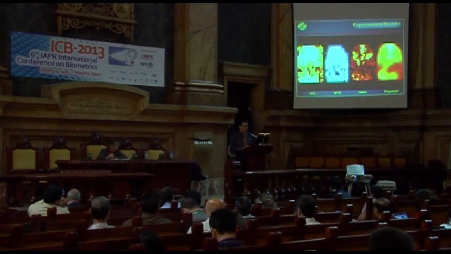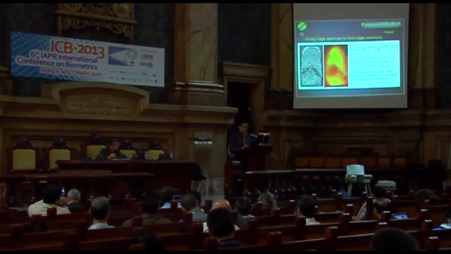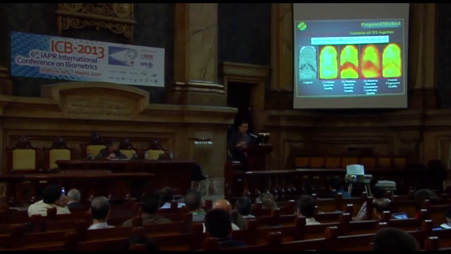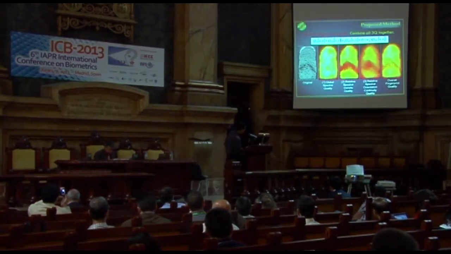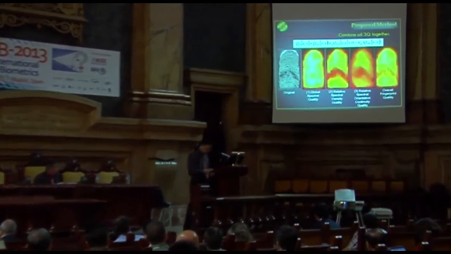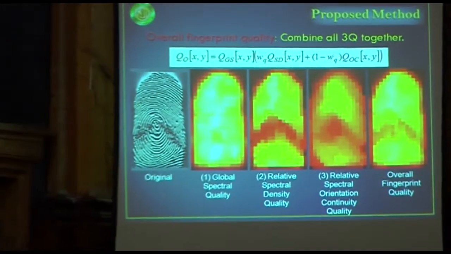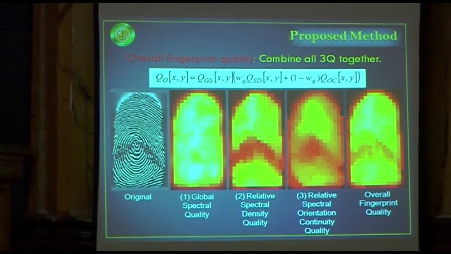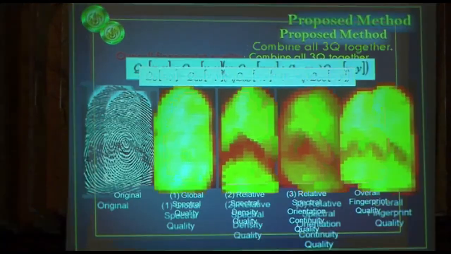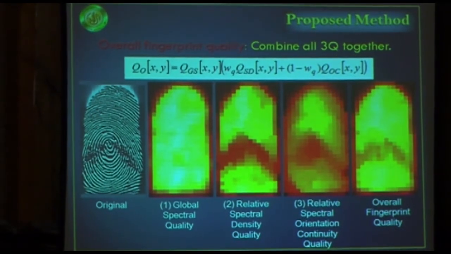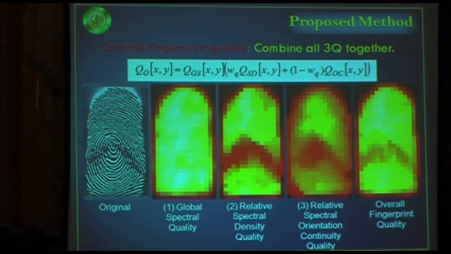Okay, the point is in here. I think we combine all these three together. Look at the first one. The first one is called global quality. The global quality integrates all of the ridge frequency.